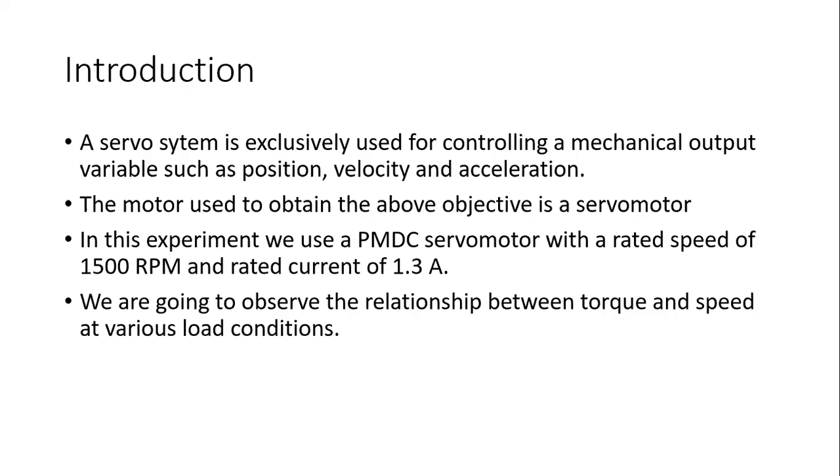So therefore, the field is going to remain constant. So whatever speed control that we are going to carry out, it will be an armature type of speed control. Apart from this, we are going to observe the relationship that exists between the torque and speed at various load conditions for this servo motor.